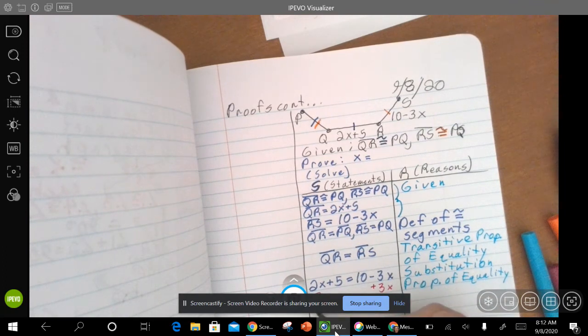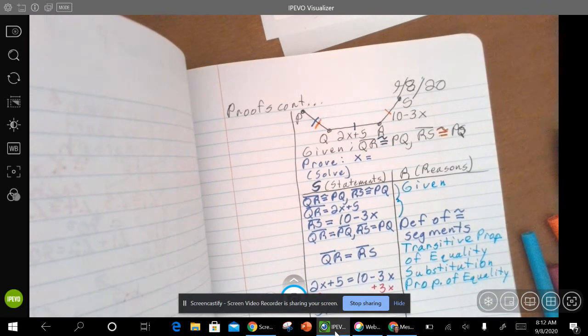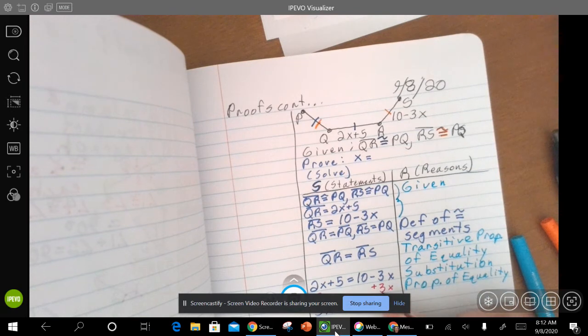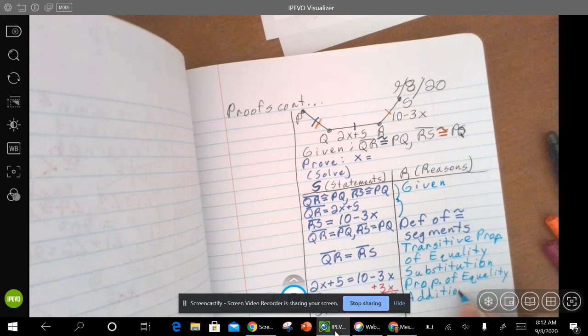So we're going to get 5x plus 5 is equal to 10. That's our addition property of equality, and usually everybody will just see it as addition property or addition.